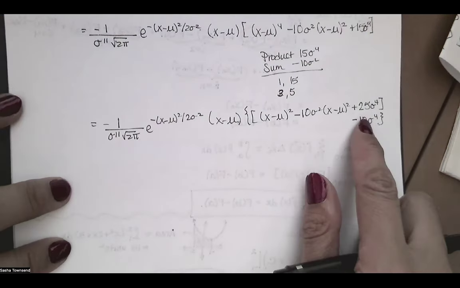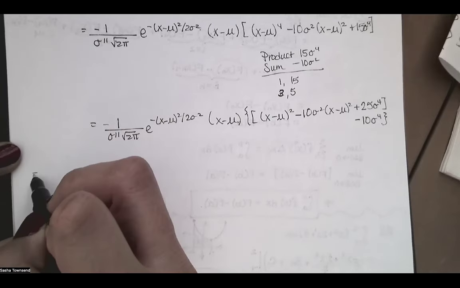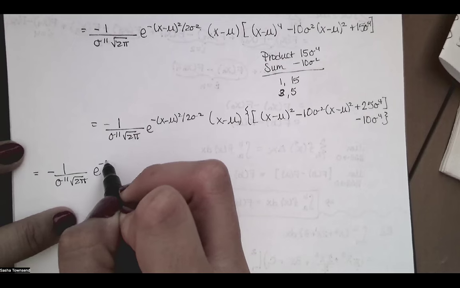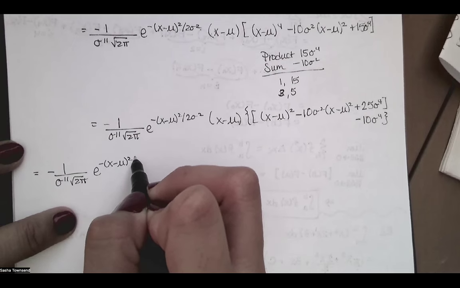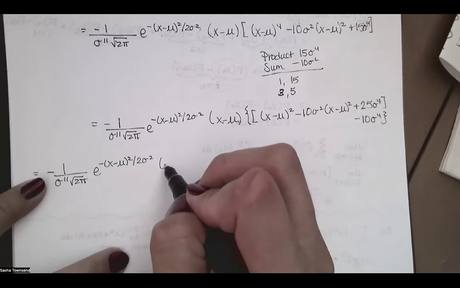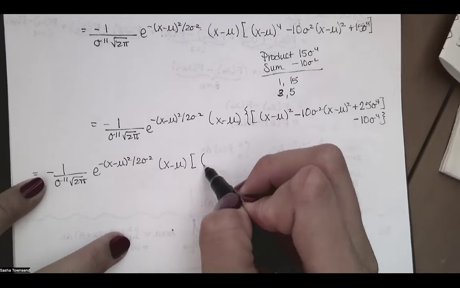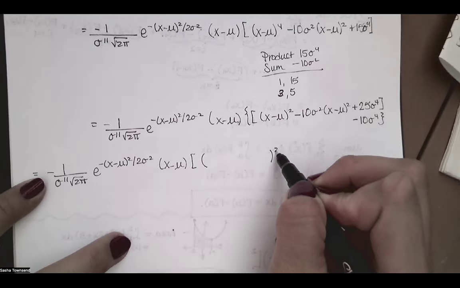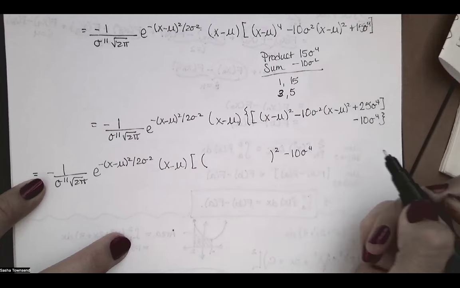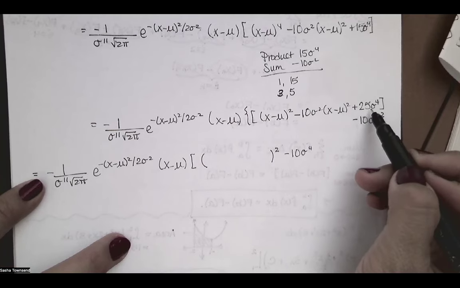Okay, well, what is this expression? I've got a constant times an exponential, which is always positive, times x minus mu. And then this expression is something squared minus 10 sigma to the 4th. The last thing I'm squaring is a 5 sigma squared.